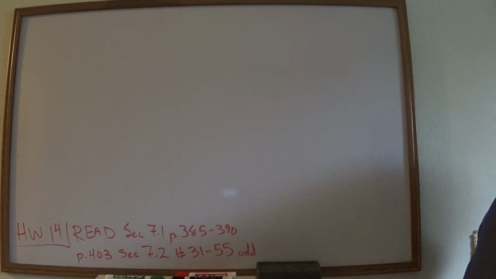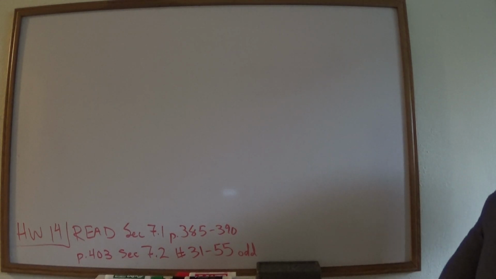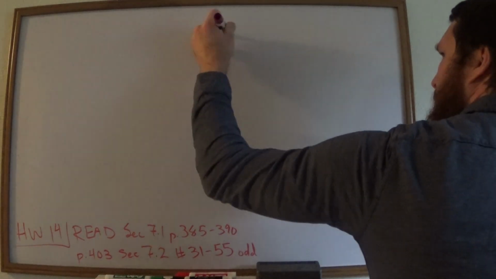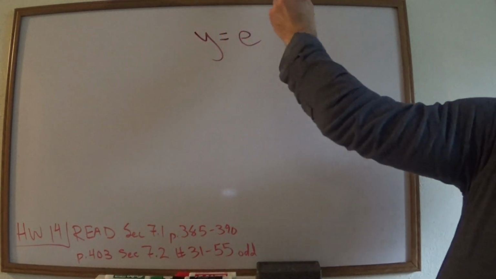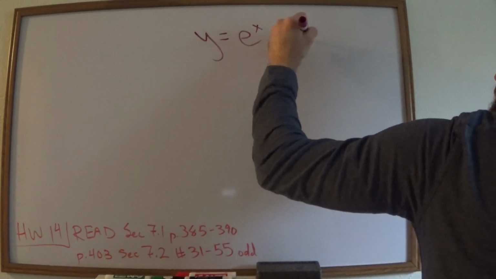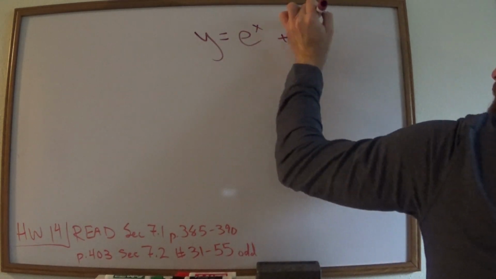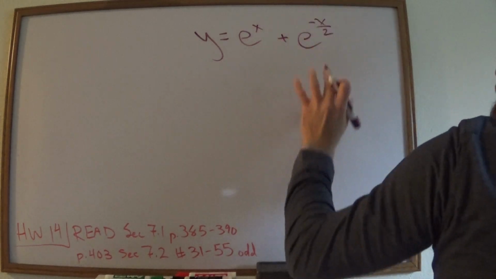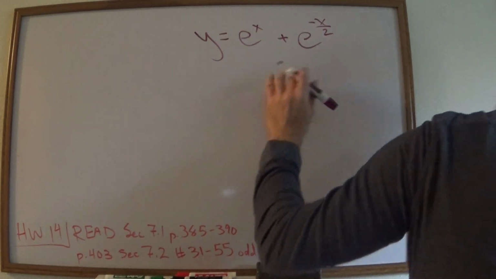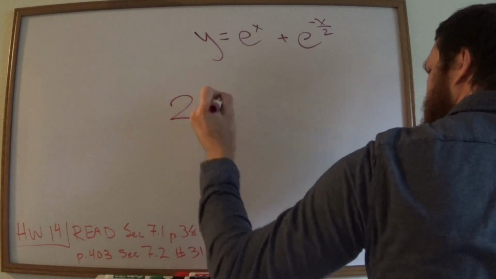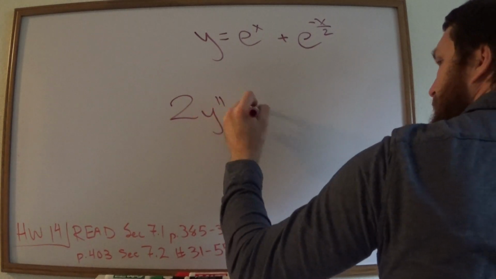Okay, so real quick, let's do a hard one. That's why I wanted to do that one. I didn't give you one that's that hard. You're going to have one that'll say, show that this is a solution to the differential equation.